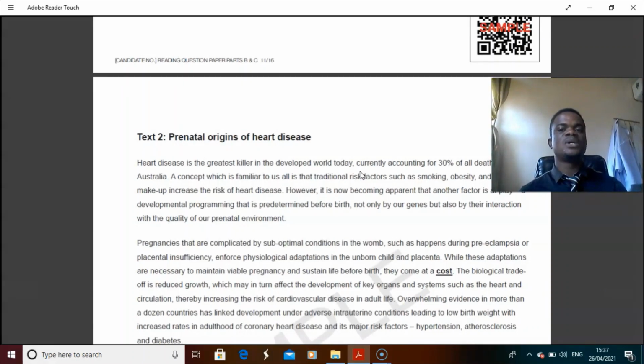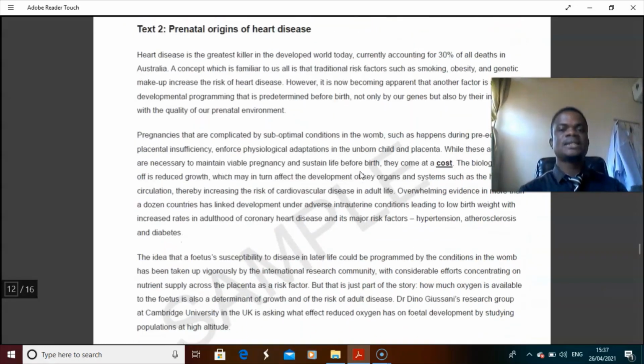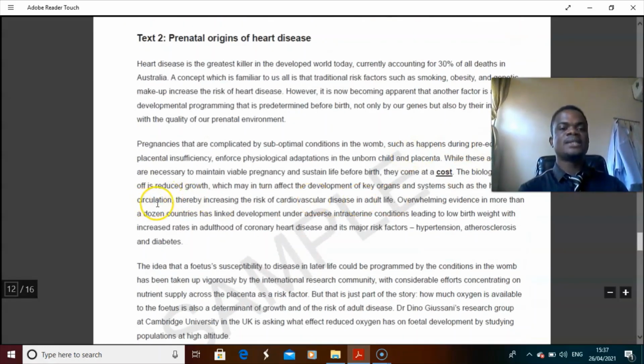Sometimes you might have two answers in one paragraph, but that doesn't mean, let's assume you get your third answer here and you are looking for your fourth answer, you cannot come up here to start looking for answers. You have to start from here again to start looking for your answer.